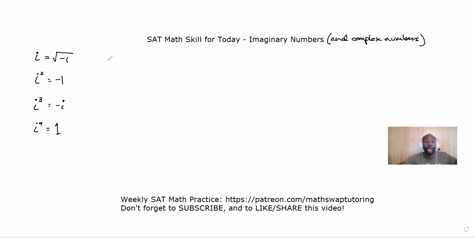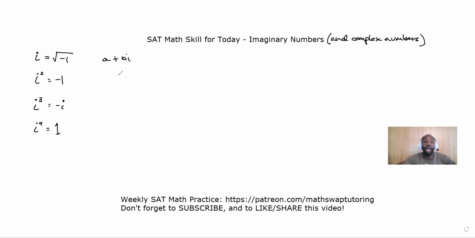Now, complex numbers essentially take on the form a plus bi. So it has a real part and it has an imaginary part. Okay. So that's generally the form they take.